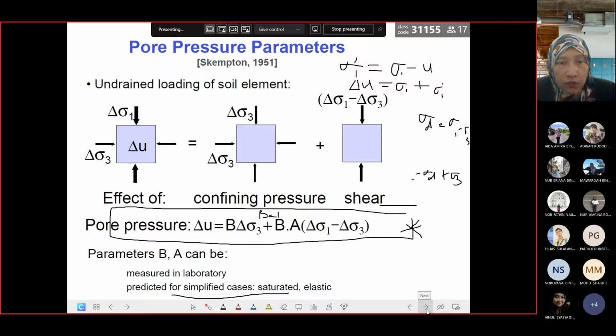Okay, what's happening after that? Bila you buat sampel dalam keadaan CU ataupun CD for fully saturated, there will be some generation of the pore pressure. Bila ada pore pressure generated from the samples, you akan ada two parameters kat sini adalah parameter A dan juga parameter B. Parameter A, parameter B is deriving from the process in consolidations sebab dia melibatkan pore water pressure.